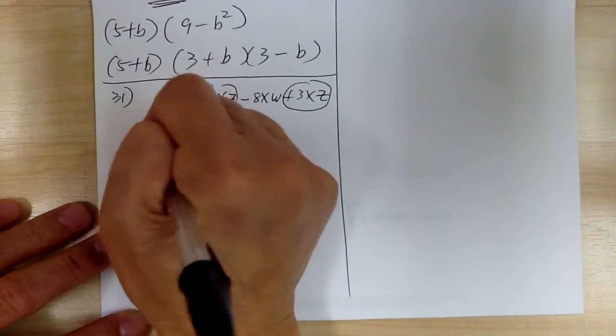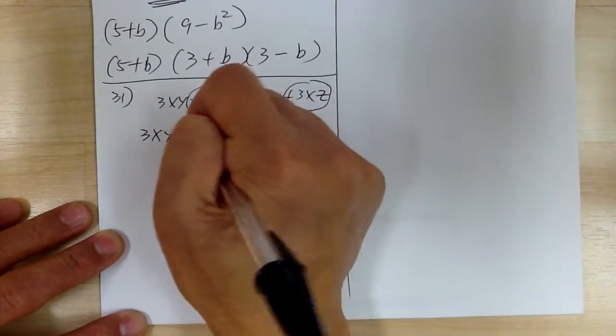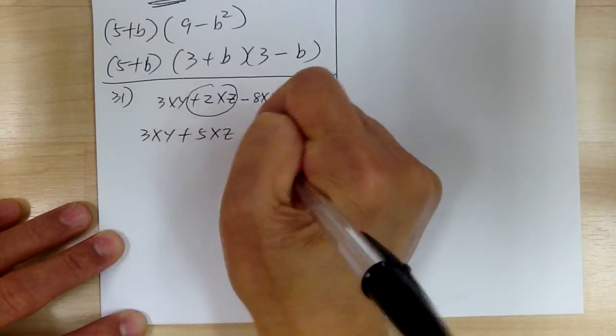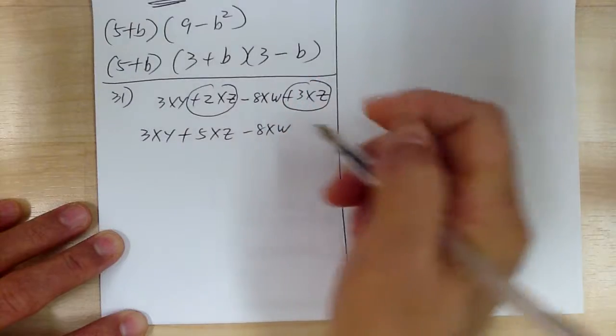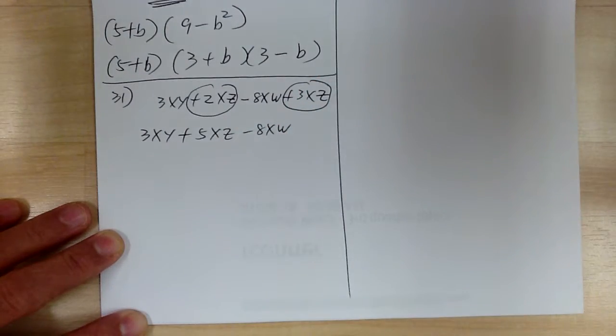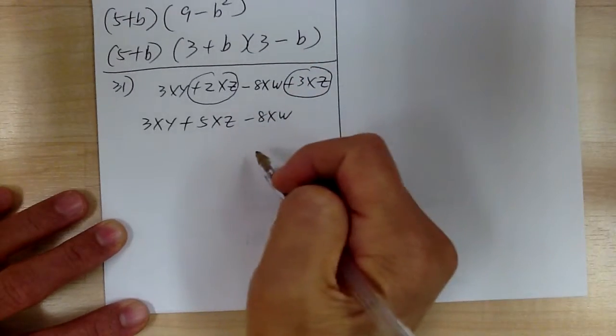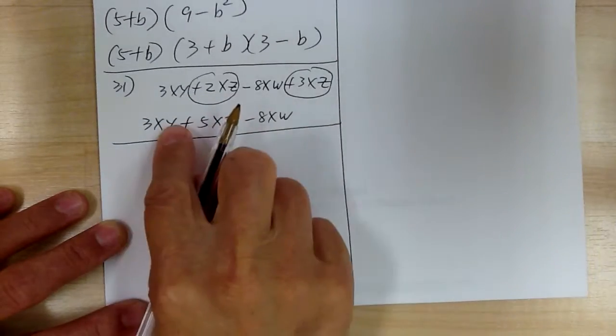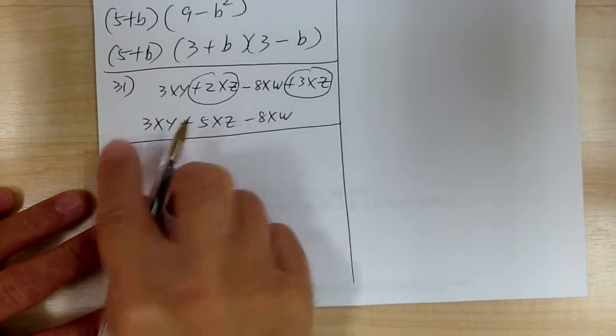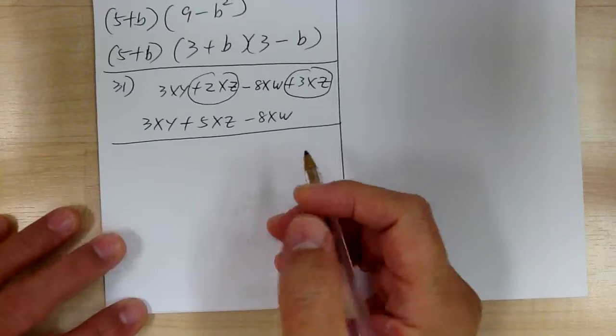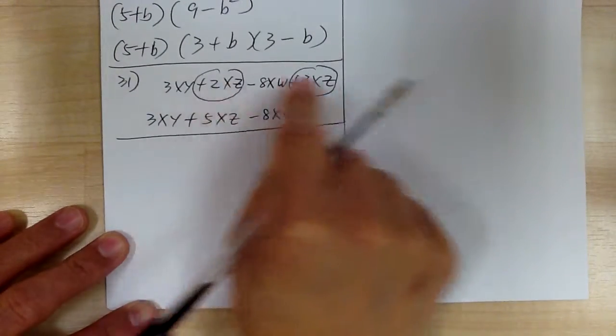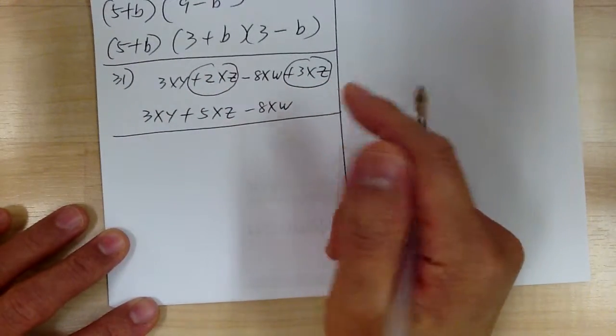So you're going to get 3xy plus 5xz minus axw. And up to that, you cannot do anything up to that. Okay? Because there's no more square and there's no common factor, so you cannot do any more up to that. So this one is just combining the like terms.